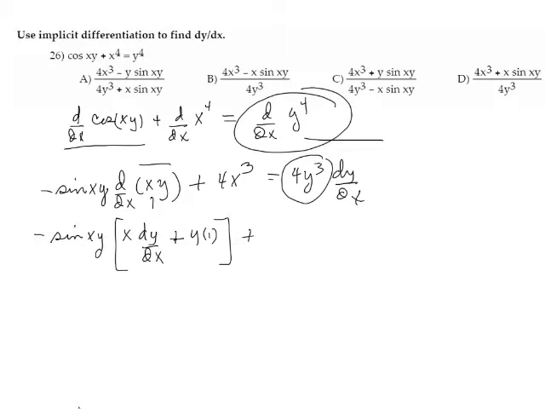And then we get plus 4x cubed equal 4y cubed dy dx. Now, we need to collect all of the terms with a dy dx in them.